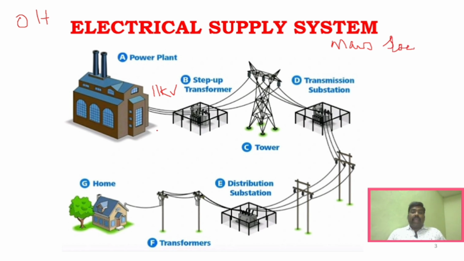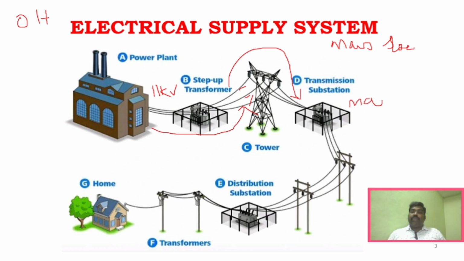So from power plant, first thing it will be stepped up. The voltage which is generated will be stepped up to a very higher voltage by using a step up transformer, and that higher voltage will be transmitted through these overhead cables, right? And through these overhead cables, it will reach this particular main load center, right?